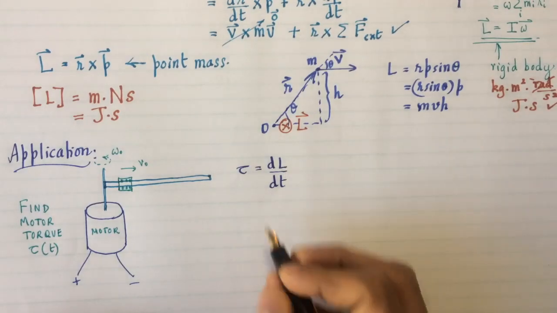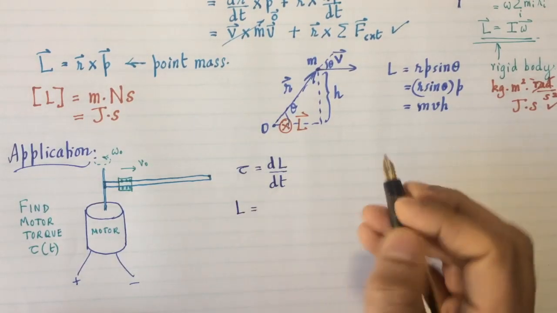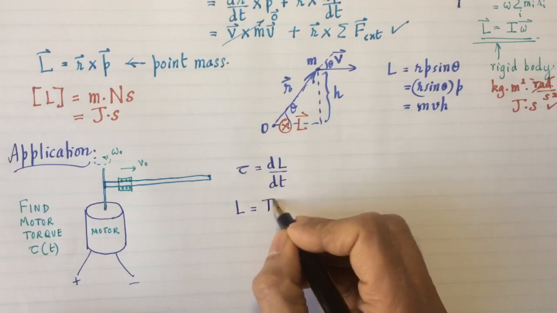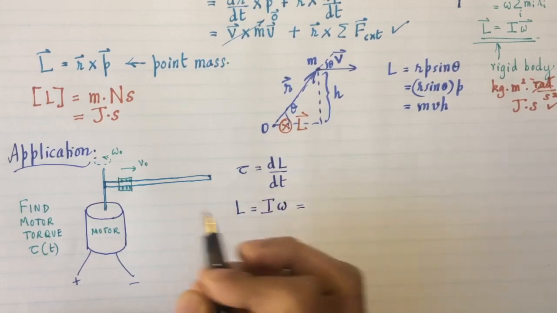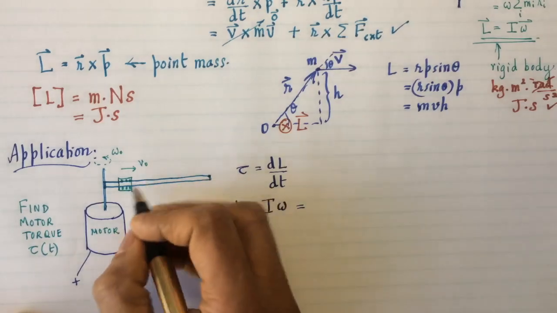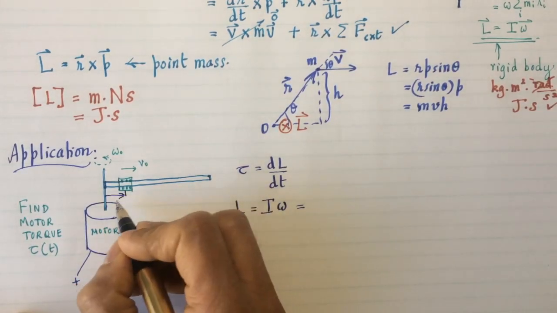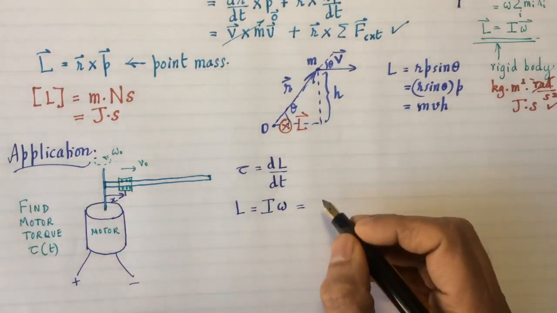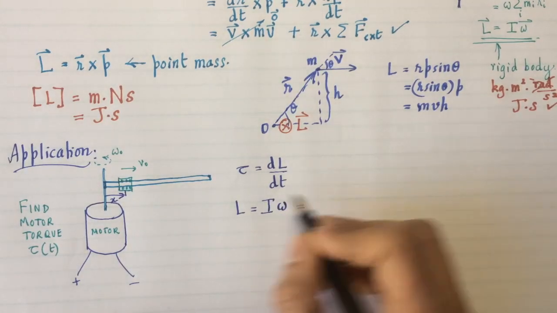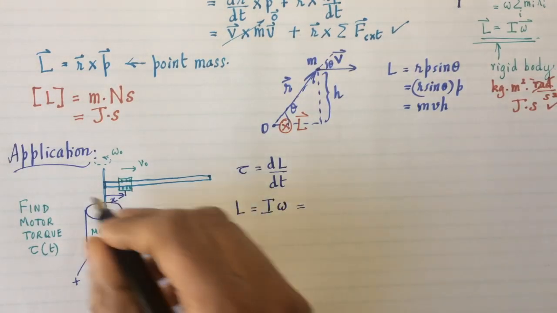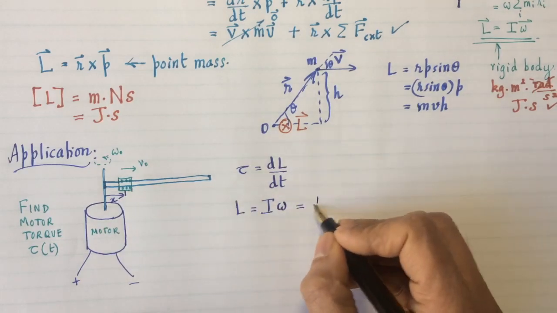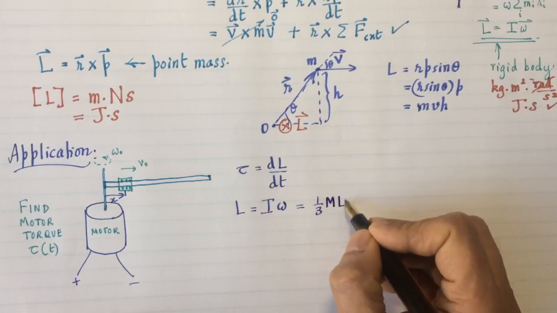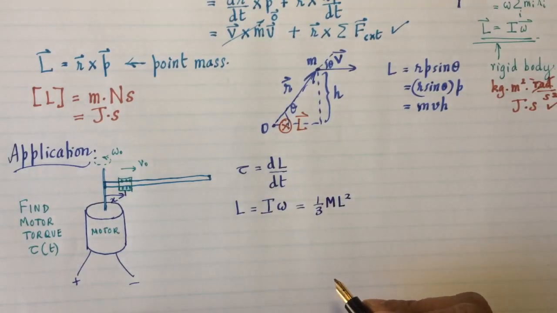Now, the angular momentum of the system is given by the rigid body formula, so it's going to be I times omega. Now, let's suppose that this object is some distance x away from the axle at any given time, so that we can write a concrete expression for this. The moment of inertia of a uniform rod, that's given from your table of moments of inertia, it's 1/3 ML squared, where capital M is the mass of the rod.